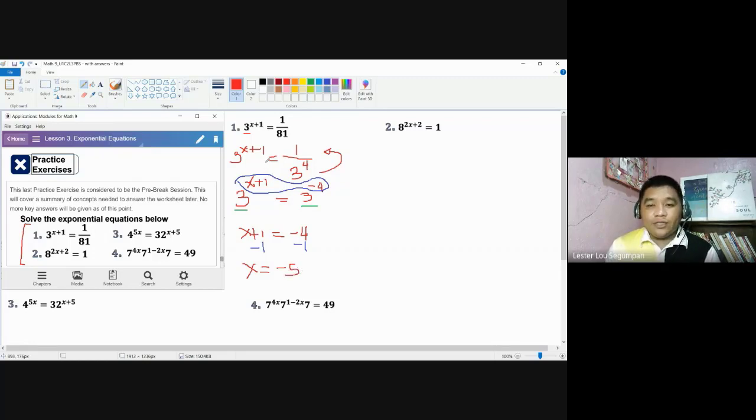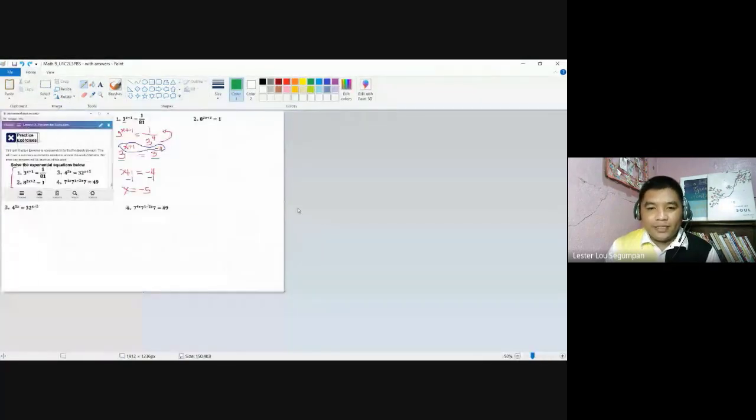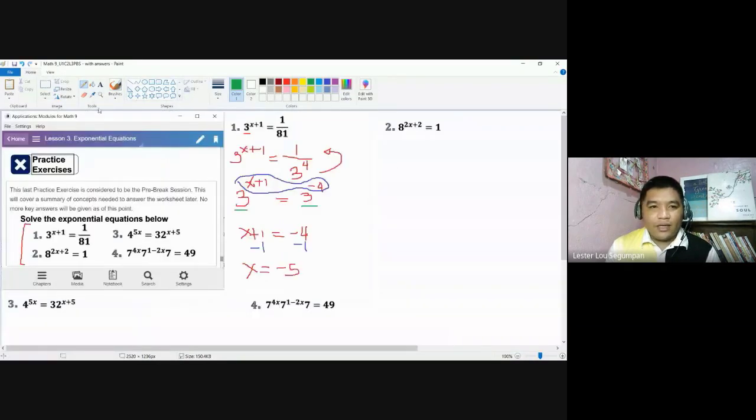If you would like to know if it's correct or not, you may substitute there. Let's try if both sides will be the same. Let me add some spaces here just to show the checking. I may not require checking later, but it's an important skill, as I have mentioned.